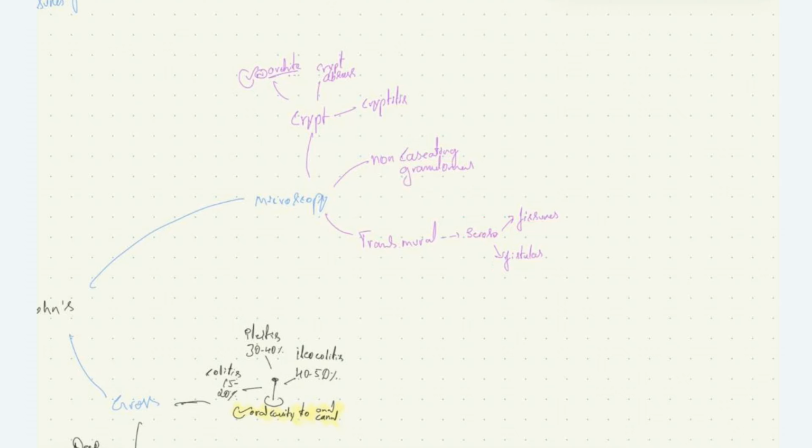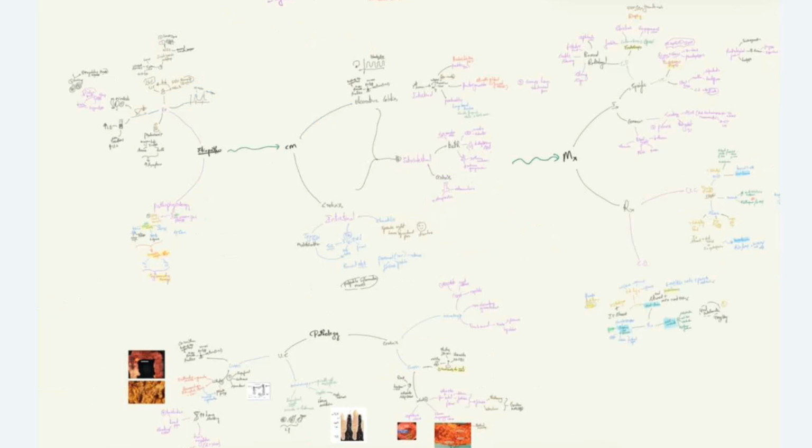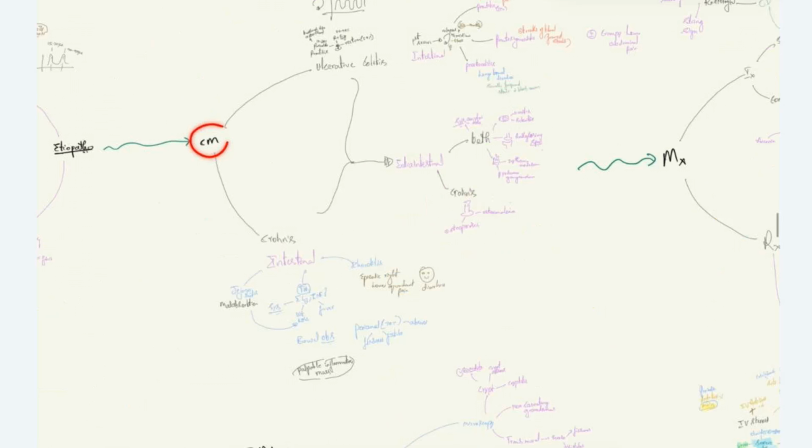The crypt involvement causes cryptitis and crypt abscess, but the crypt architecture is intact in case of Crohn's disease, in contrast to ulcerative colitis. This is all about the pathology seen in Crohn's disease and ulcerative colitis. So let's see the clinical manifestations seen in ulcerative colitis and Crohn's disease.